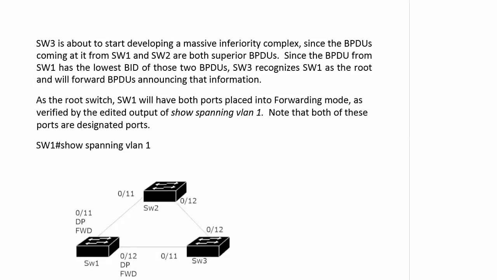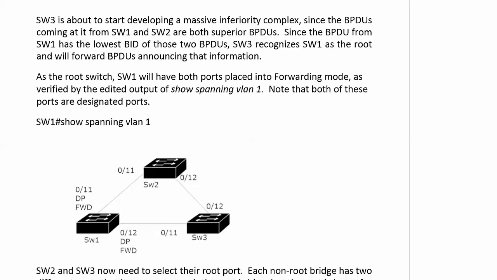Now switch 3 is about to start developing a massive inferiority complex because it's getting BPDUs from switch 1 and switch 2, and they're both superior. Since the BPDU from switch 1 has the lowest bid of those two, switch 3 will recognize switch 1 as the root, and when it gets BPDUs announcing that, it will forward them.